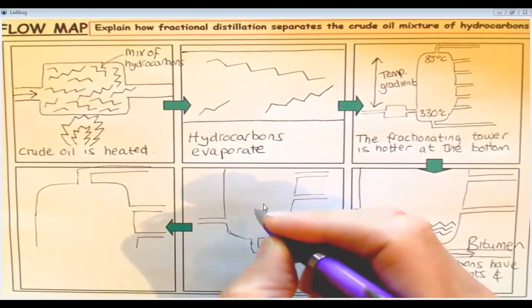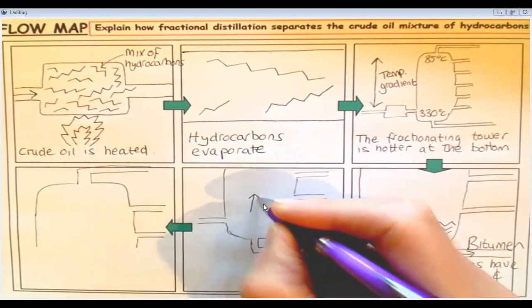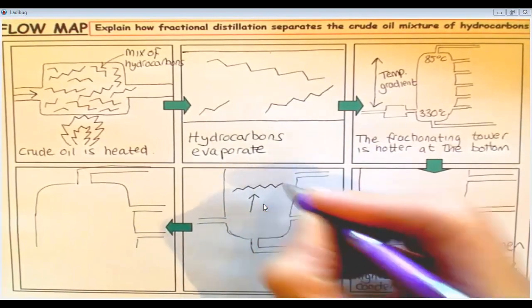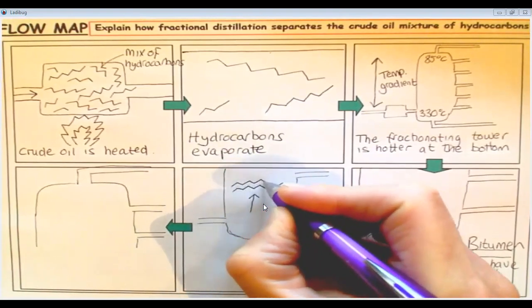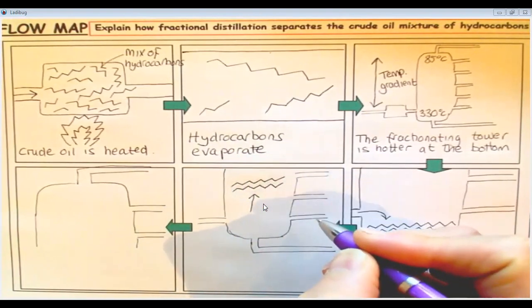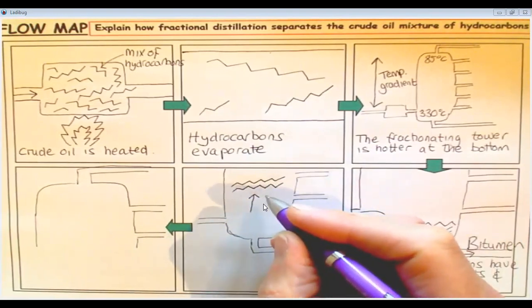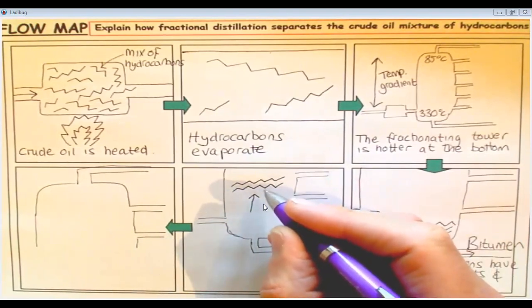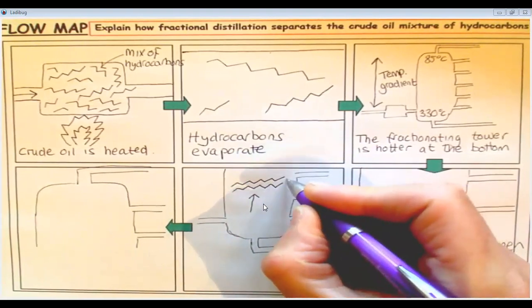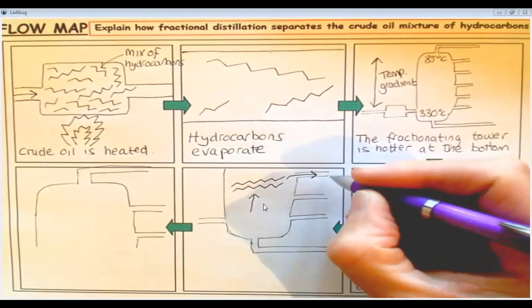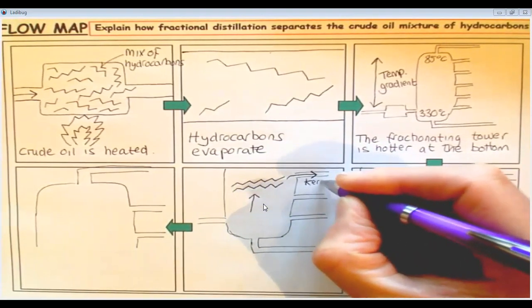Now all the other hydrocarbons will start to rise, and slightly shorter ones rise up the tower. But as they rise and start to cool down, rise and cool down, and as they reach their boiling point, they too will condense and leave through one of these pipes. And this might be kerosene, for instance, coming out.